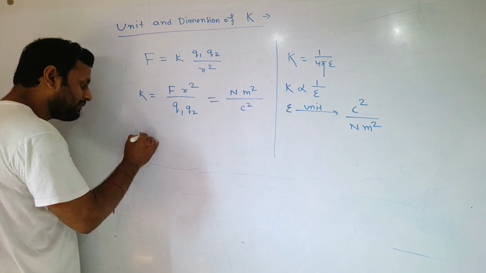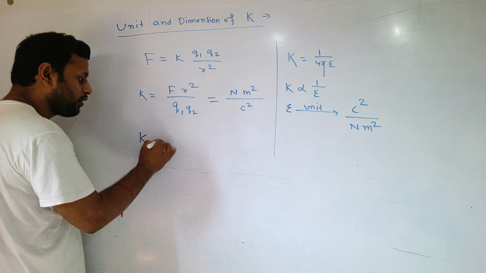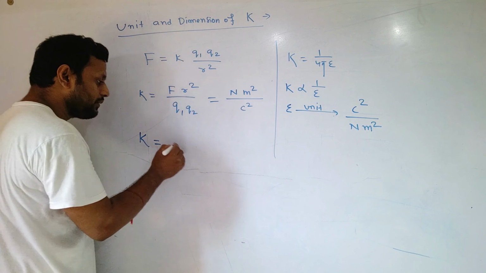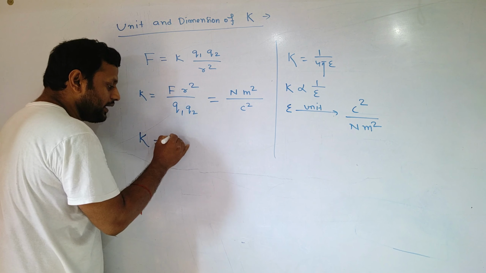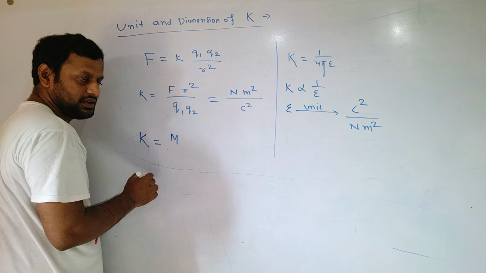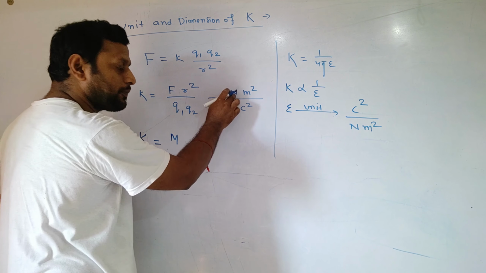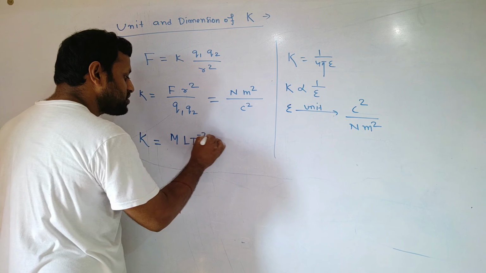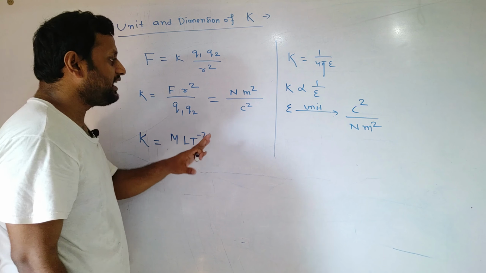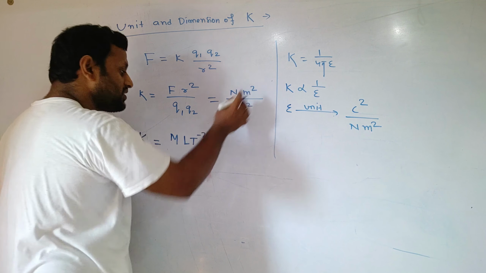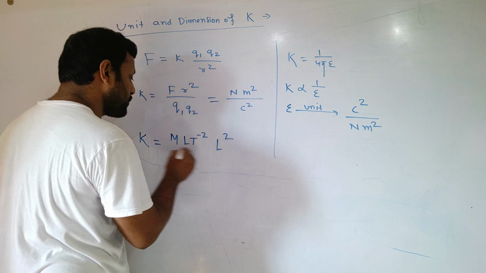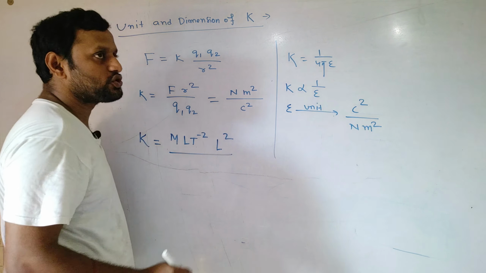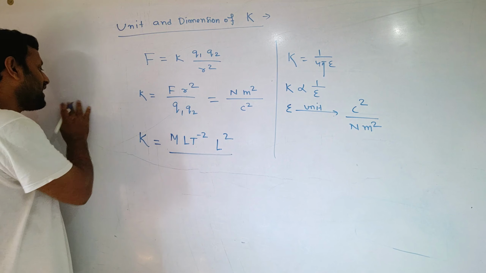Force is m into a, mass m, acceleration meter per second square, L t minus 2, that is m L t minus 2. This is meter square, that is length square, divided by coulombs, charge.